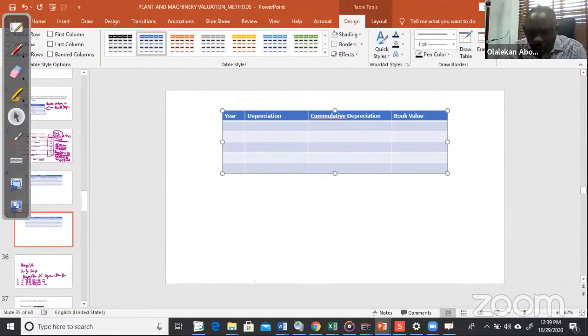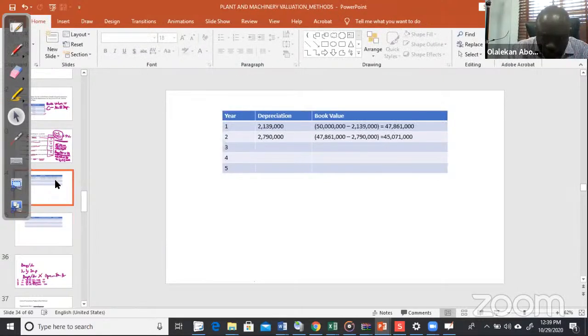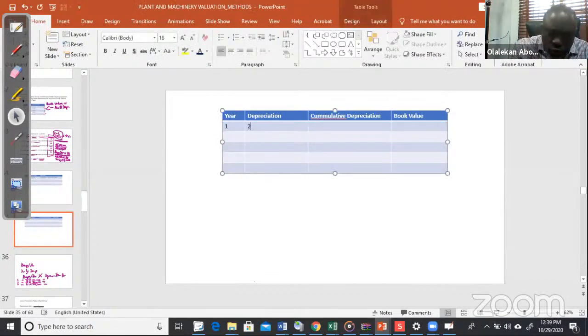Now, the way this one will work is this. For year 1, your depreciation is 139,000. Cumulative will remain 139,000.